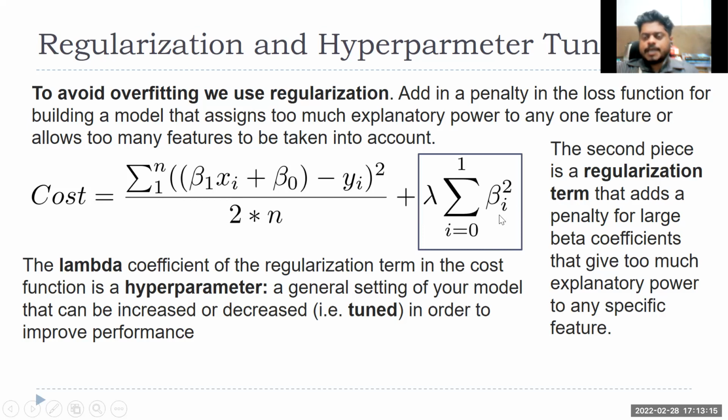By adding this second part, which is in this square box, what I'm telling that model is: anytime you add a new independent variable to my model, I am going to penalize you with beta square. 2.73 x2 means 2.73 square will get added, and 6.73 x3 means 6.73 square will get added. So my cost function will become more, which I'm trying to reduce.